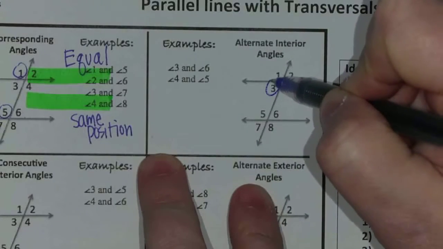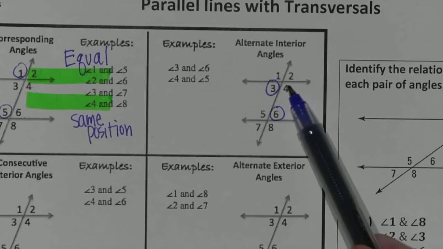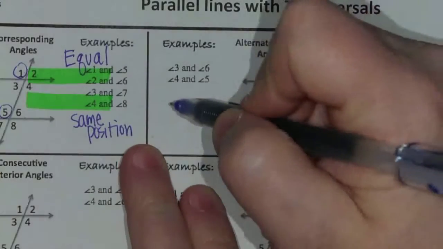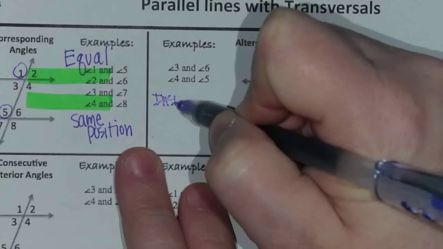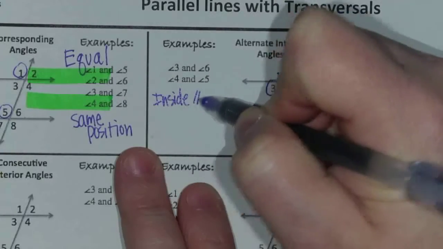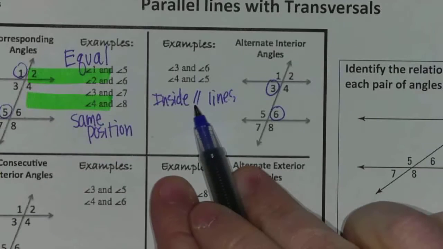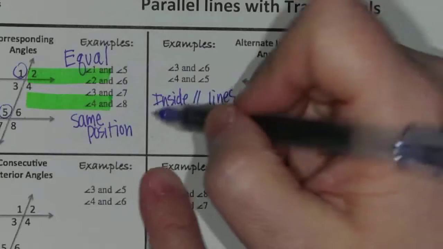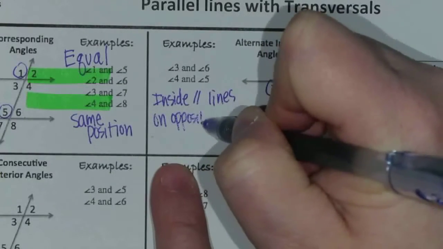So your example here is 3 and 6 is a set of alternate interior angles, or 4 and 5 are alternate interior angles. To describe what those are, they're inside the parallel lines. And I'm going to use this symbol for parallel. Do you remember that two lines drawn like that together means parallel? So, inside parallel lines on opposite sides of the transversal.